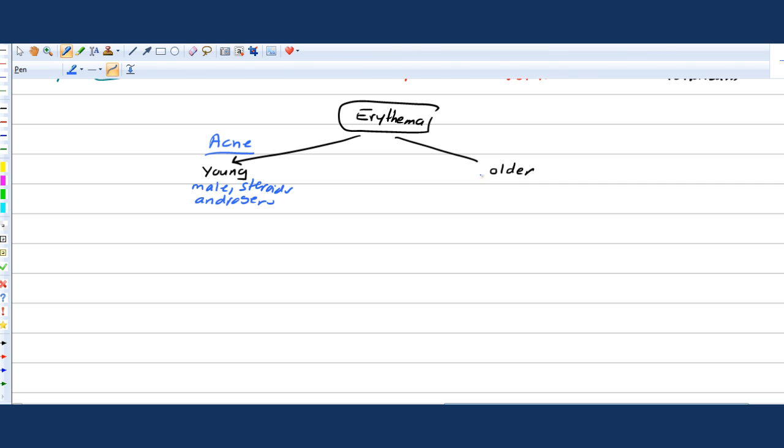Older patient, risk factors for rosacea. This is interesting. It is usually triggered, and what is it triggered by? What are the main things that trigger rosacea? One or two things.